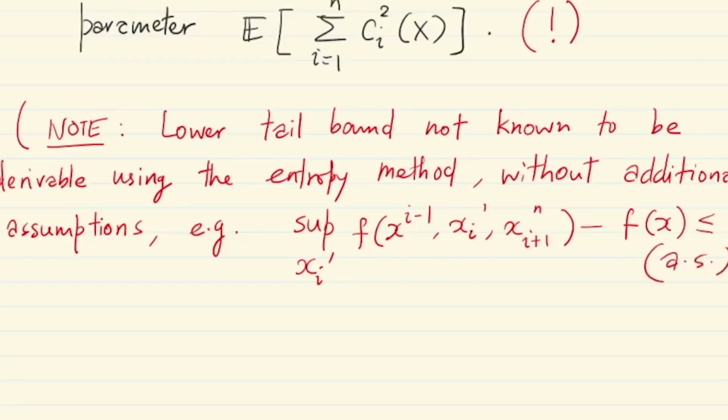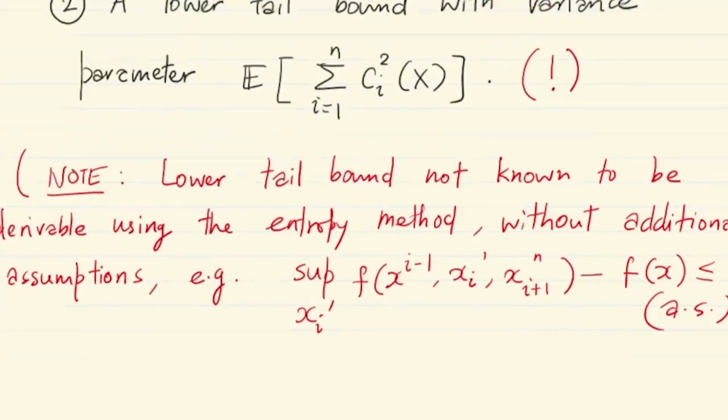So such an assumption helps you prove lower tail bounds, but even then the lower tail bound does not have this improved variance parameter. You can look this lower tail bound derivation up in the textbook using the entropy method.